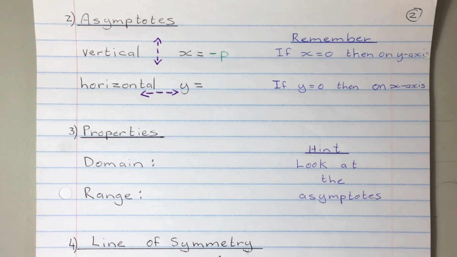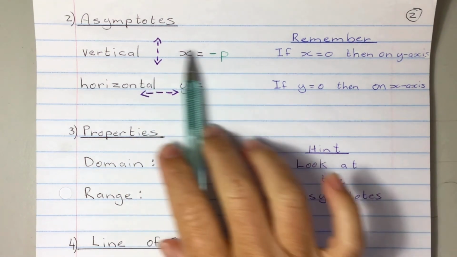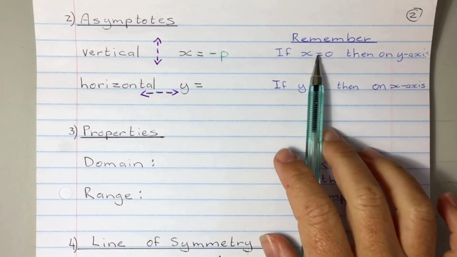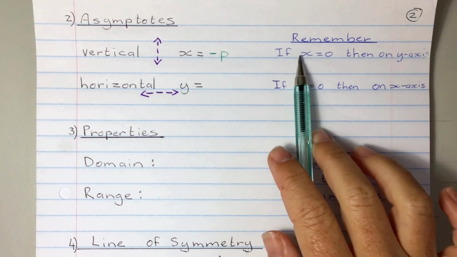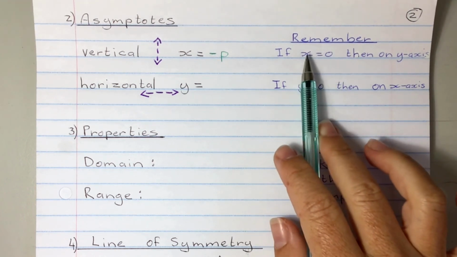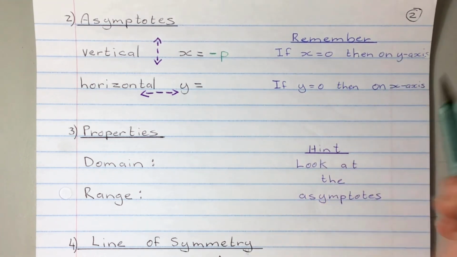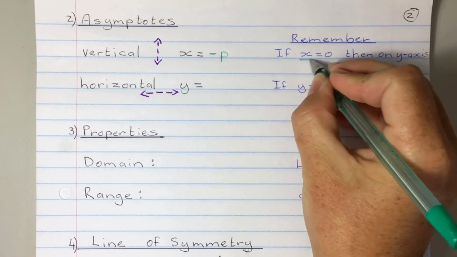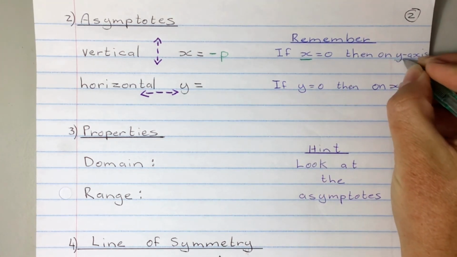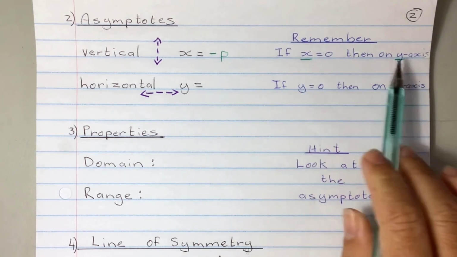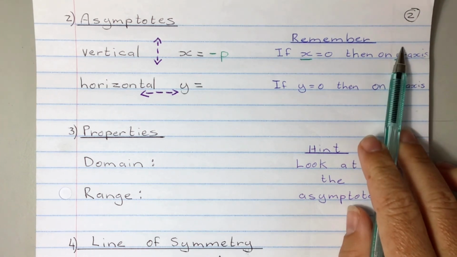So our p-value changes its sign to wherever our asymptote will go. Now, just a reminder that if our asymptote is x is equal to 0, it will be on the y-axis. So x equal to 0 lands up on our opposite axis, our y-axis.